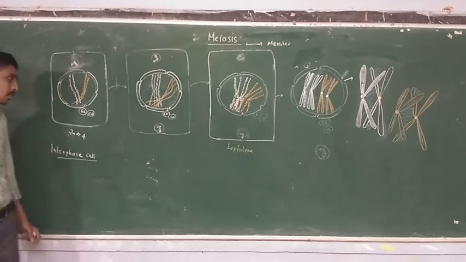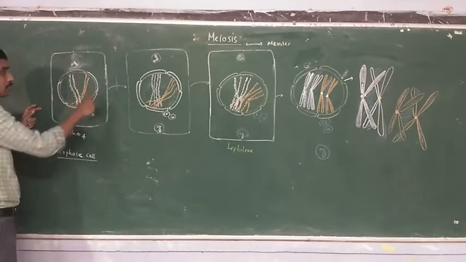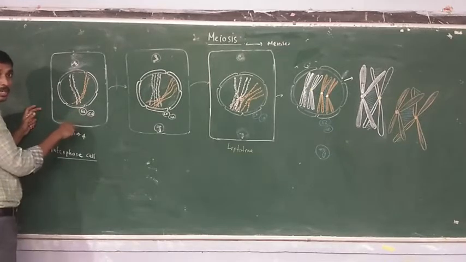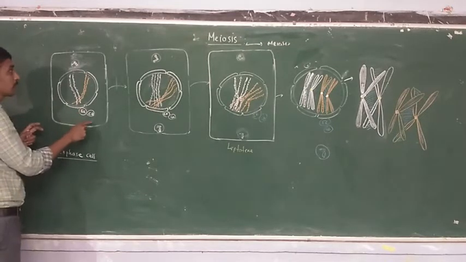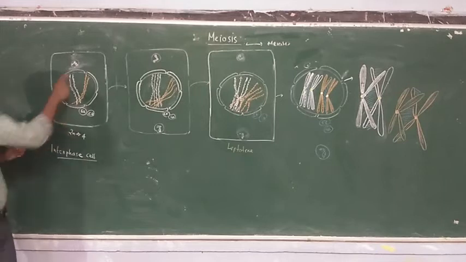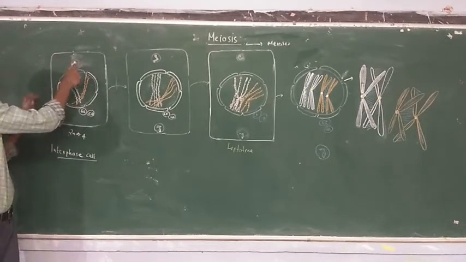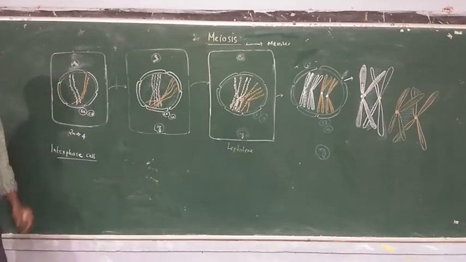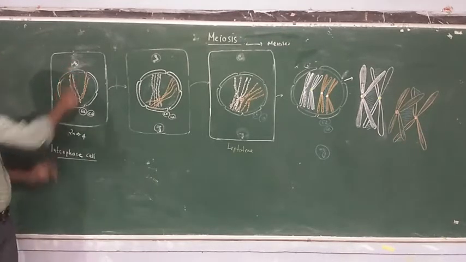This cell contains a very definite nuclear membrane, and along with that nuclear membrane you can see endoplasmic reticulum, Golgi bodies, and also the centrosome. So here I draw the structure of an animal cell. I draw the centrosome here.